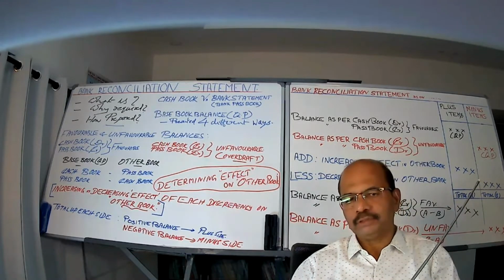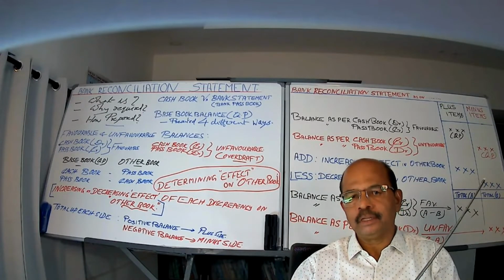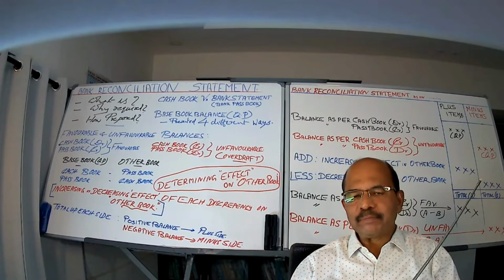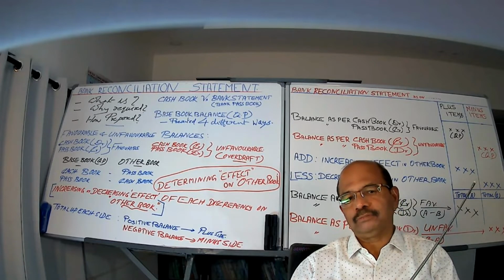How will we go about it? Well, you do like this. You think that before this discrepancy, the cash book as well as the pass book, or in other words, the base book as well as the other book, have a favorable balance, and that also of the same amount.